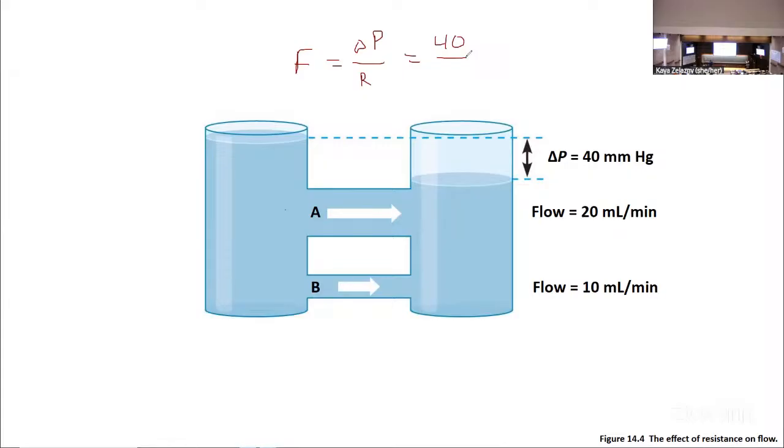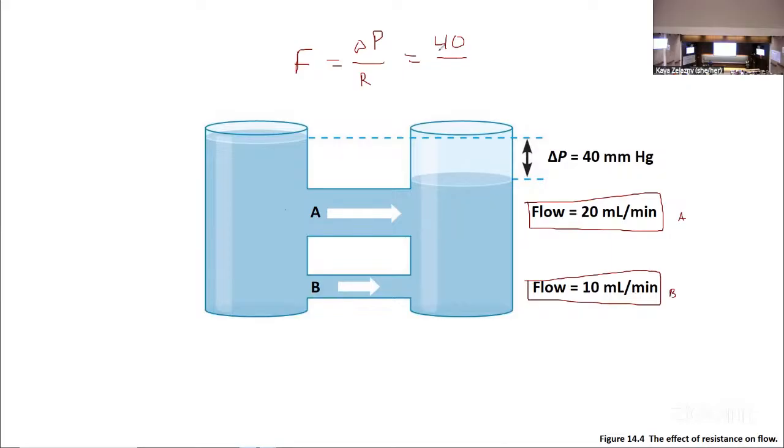We'd set that up the same for both of these. We can see that we have a difference in flow when we look at A versus B. So we have larger flow, more flow, 20 milliliters per minute for A, and we have less flow through B. We've got only 10 milliliters per minute through B.